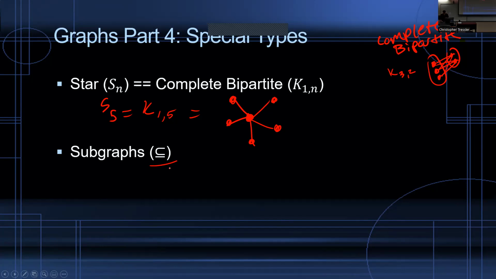So if we had one graph, right? We had a graph like this. And let's say we have these 4 nodes in the corners, right? And we wanted to say, is this a subgraph of this graph? That's such a bad drawing.